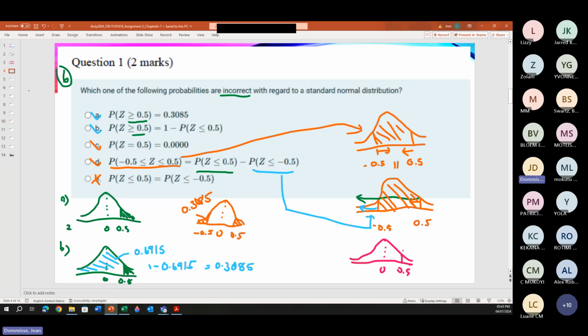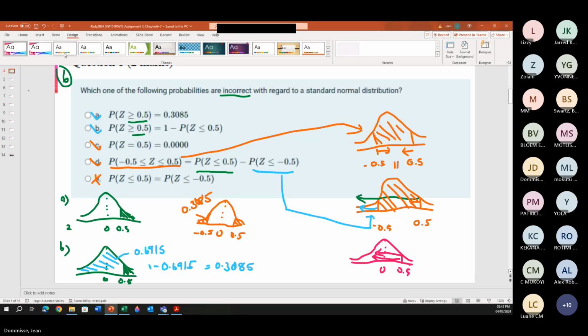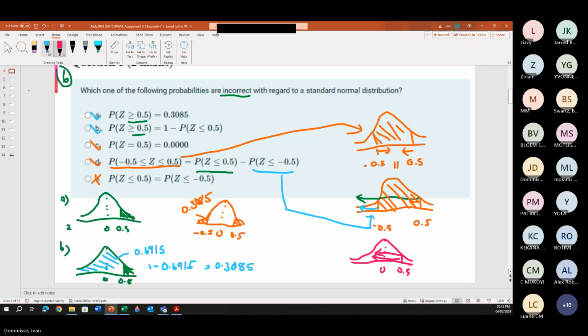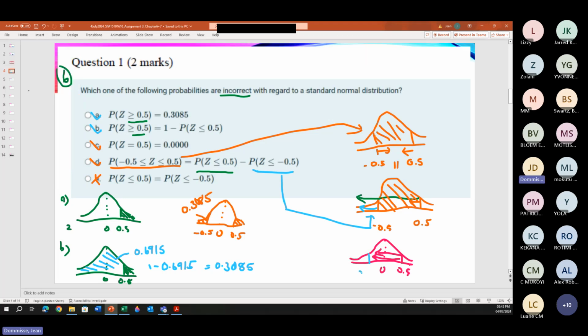So Z smaller than 0.5 is this whole area, like that green component in D. But then Z smaller than minus 0.5, again, it is only that area like we had in D as well.